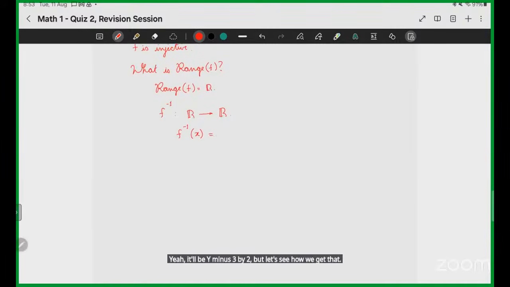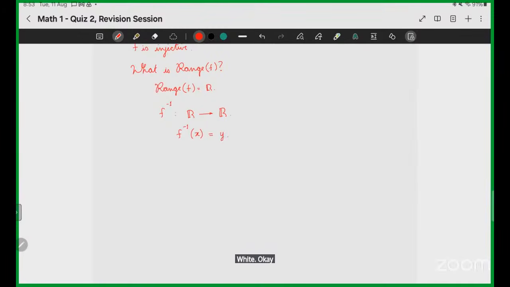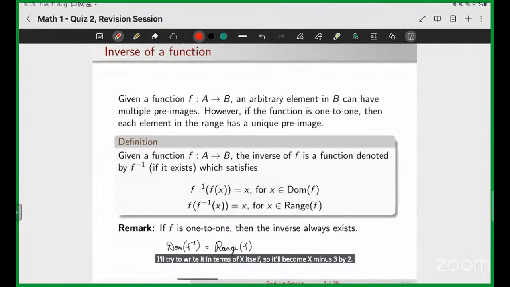Suppose you have this to be some y. I'll try to write it in terms of x itself, so it'll become (x minus 3) by 2. Here the property of the inverse helps you.